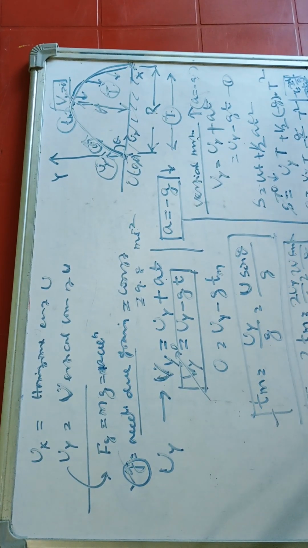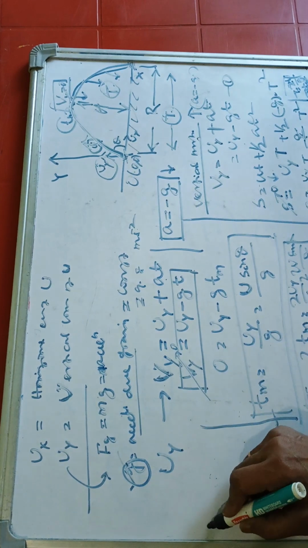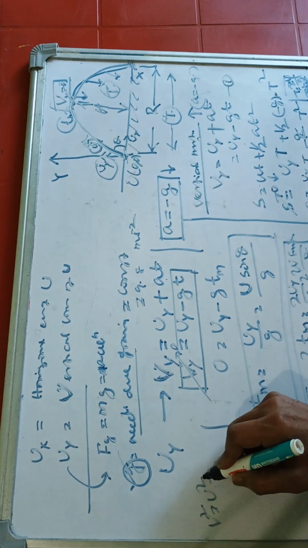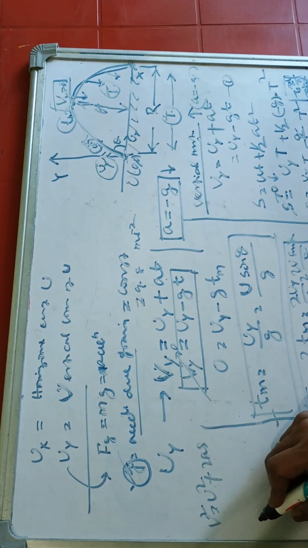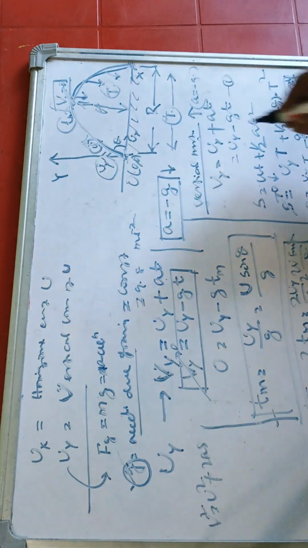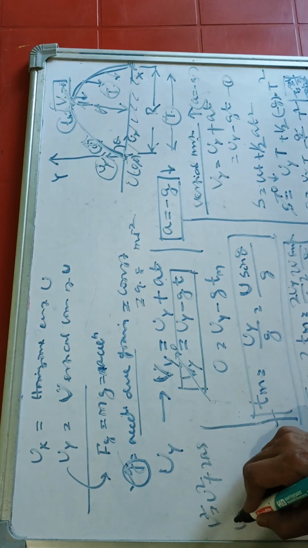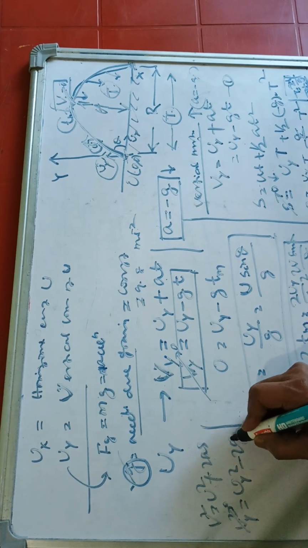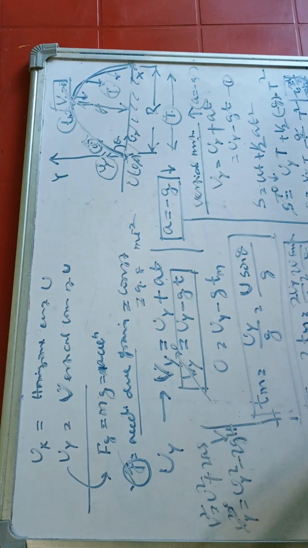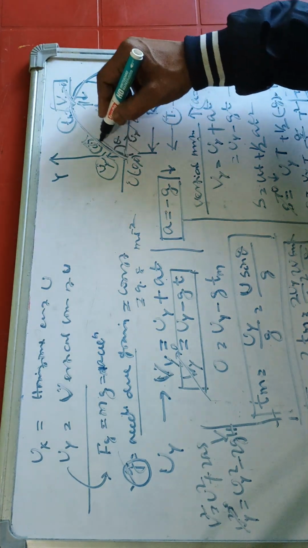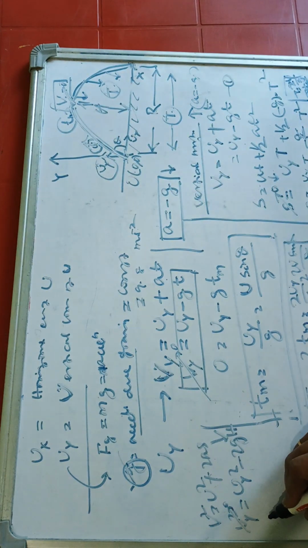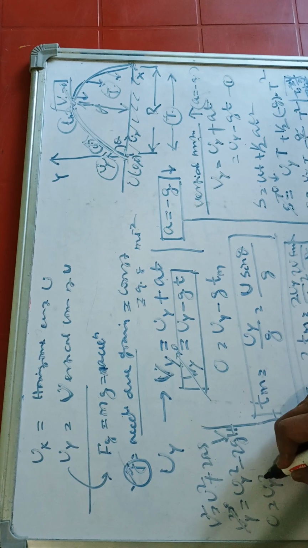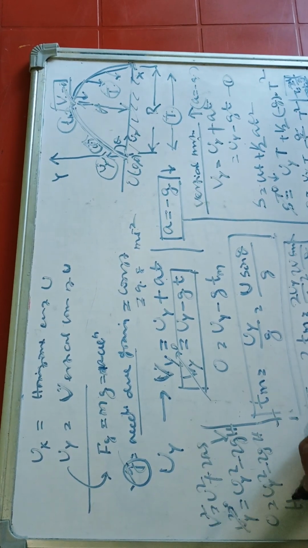Another kinematic equation is v square is equal to u square plus 2as. At the maximum height, Vy is 0, so Vy square is uy square minus 2g s. Here s becomes h, the vertical distance it covered during this motion. Now 0 becomes uy square minus 2gh, or h becomes uy square by 2g.